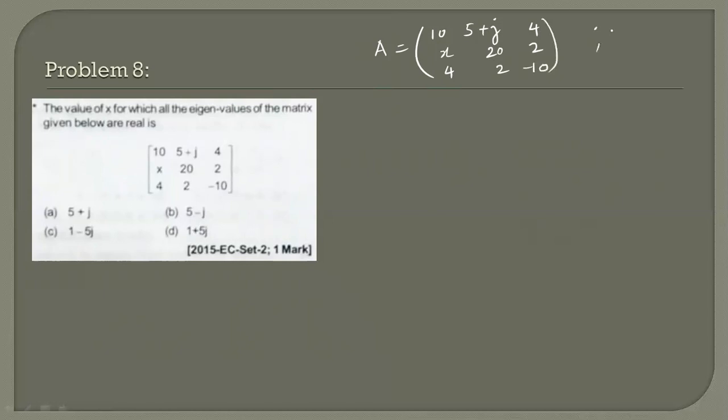Here j is a complex number equal to under root minus 1. Generally we assume iota, but here it is given as j. You can see that entries are not real. Entries are complex, some part is imaginary also. So this is not a symmetric matrix. You could claim that the 2, 2, 4, 4 entries look symmetric, but due to this entry, this matrix is not symmetric.